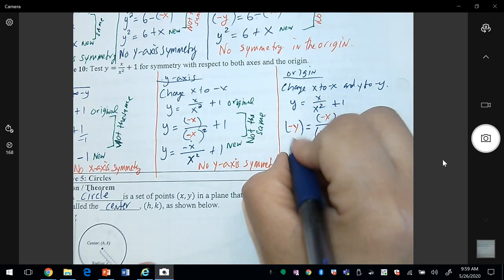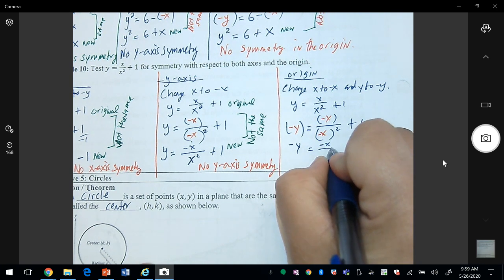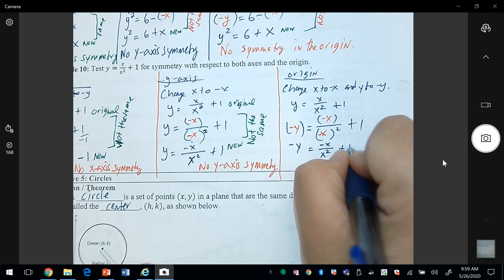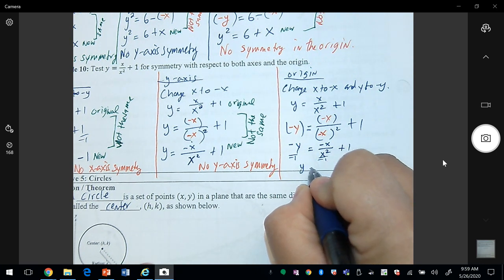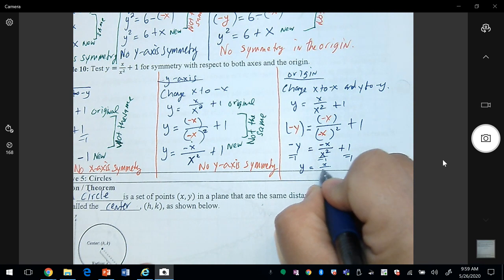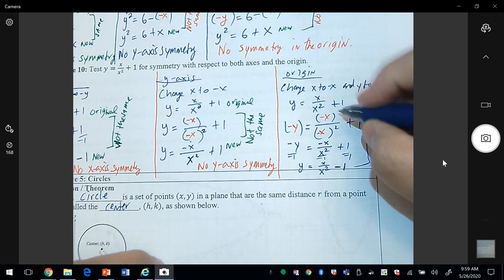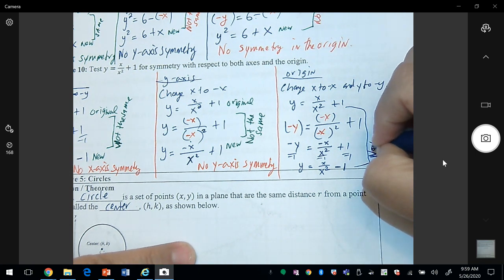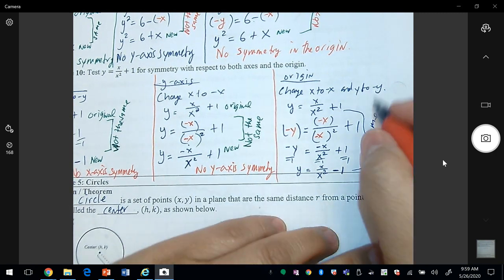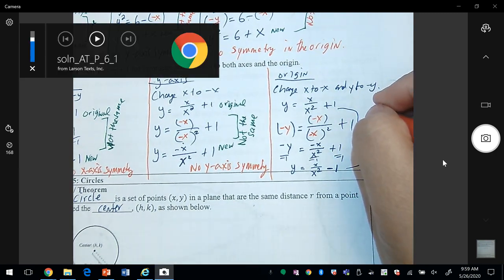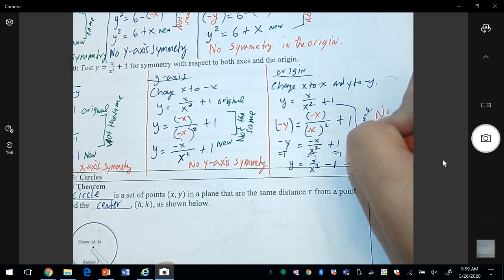So if we simplify, we get negative y equals negative x divided by positive x squared plus 1, divided by negative 1. So we end up with y is equal to negative negative will be positive, minus 1. So they're almost the same, but they're not quite the same. So what that means is that there's no symmetry to the origin.